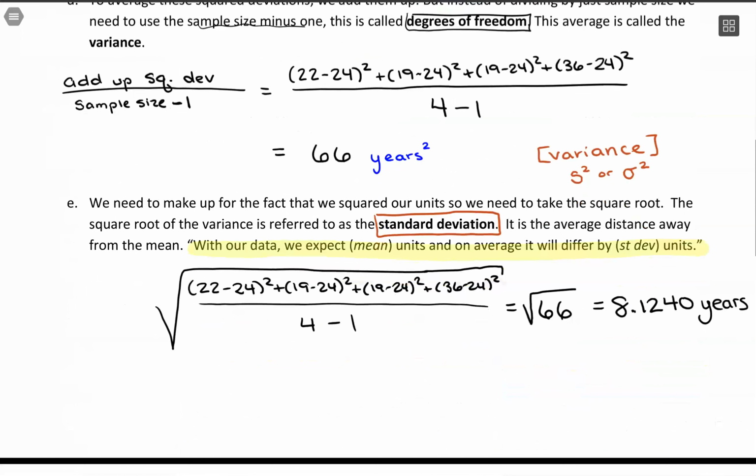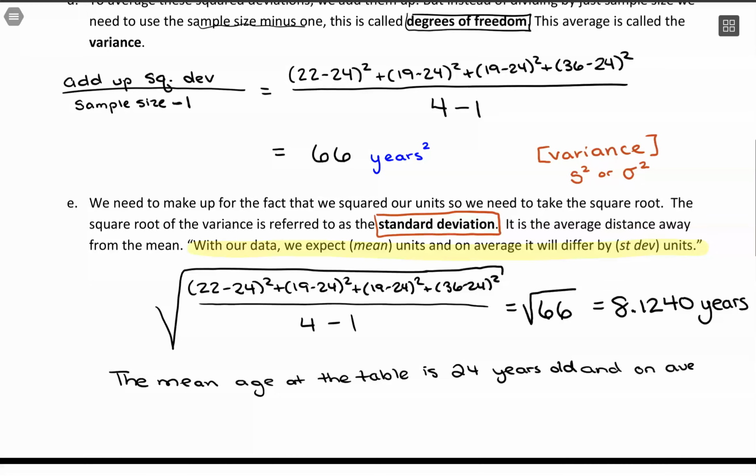So I could say the mean age at the table is 24 years old. And on average, it will differ by, and then our standard deviation.